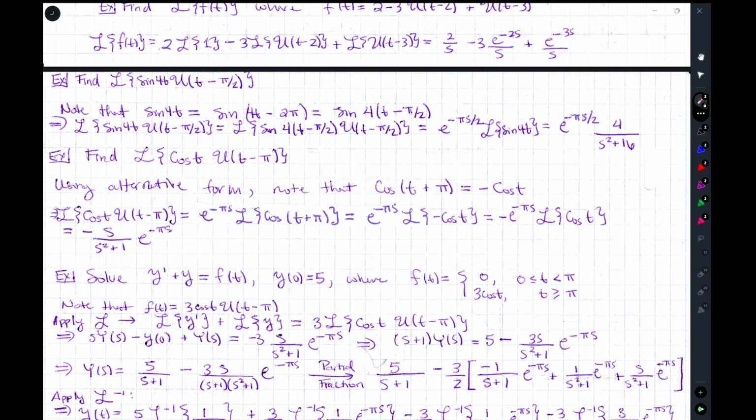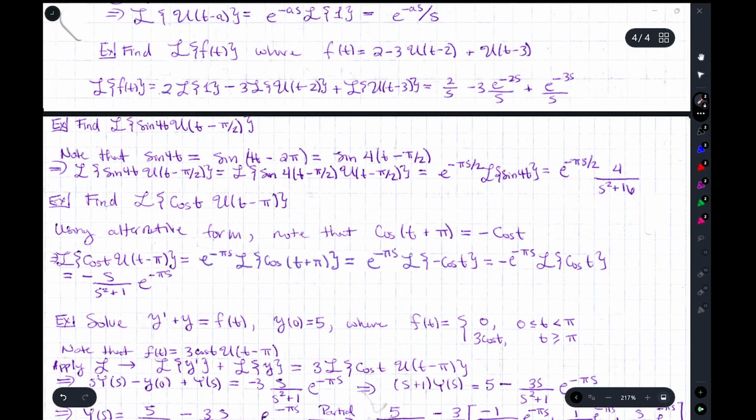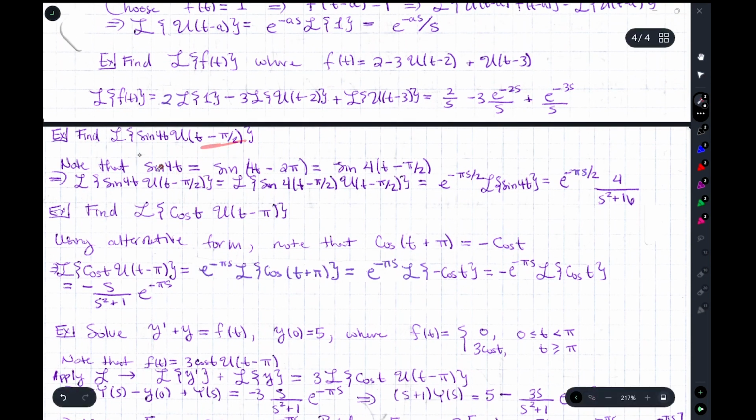So let's look at another example. We want to compute the Laplace transform of sine 4t times u of t minus pi over 2. Now what's the problem here? The problem is that we're not given a function that's framed in the language of translation, okay? This here has t minus pi over 2, but that sine 4t, we don't see a t minus pi over 2 in there.